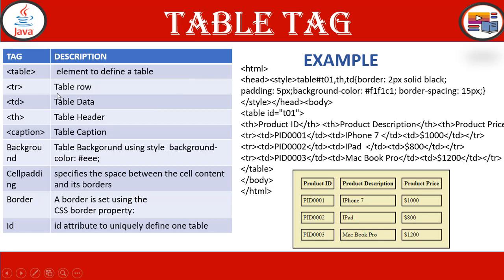Now inside the table tag, which is nothing but the element to define a table, this table is a regular type of table. Inside that we have rows and columns. But in HTML, the browser will read the content in the form of tags.